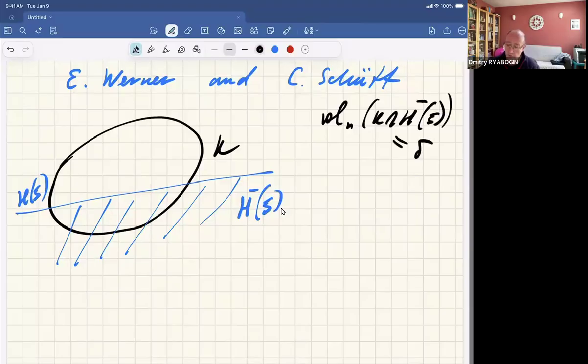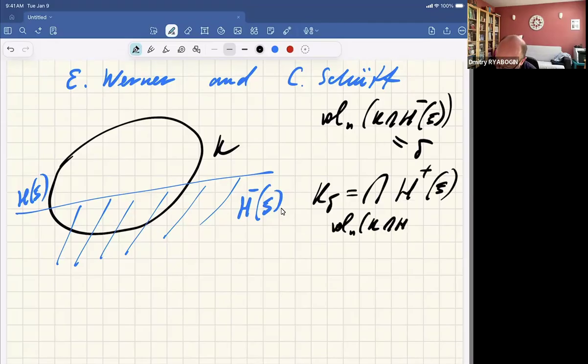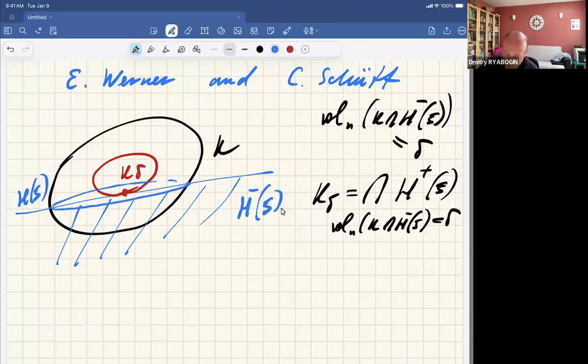What I want to say is that I want to look at K delta as the intersection of all half spaces H plus of Xi, so that the volume of K intersection H minus of Xi is delta. This is how I want to define it. So something like this. This is K delta. Again, one can show that this is the union of the centers of mass of the sections: I take K, intersect with H of Xi, and I take the center of mass of the section. Now, not of the underwater part, but of the section.